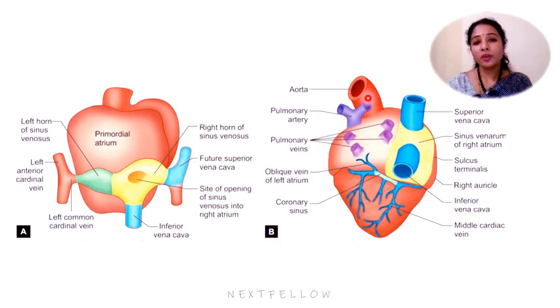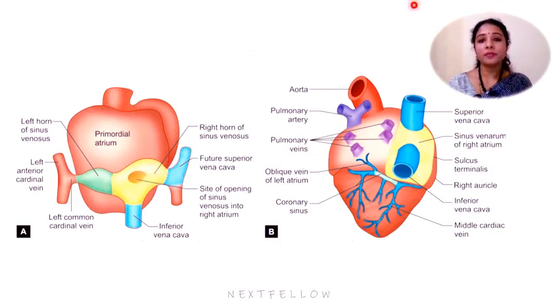The opening of the sinus venosus into the primitive atrium is guarded by the right and left venous valves, and the left venous valve along with the septum spurium gets fused with the interatrial septum. This also we will discuss again. As of now you can just see the site of opening of the sinus, which is guarded by venous valves.